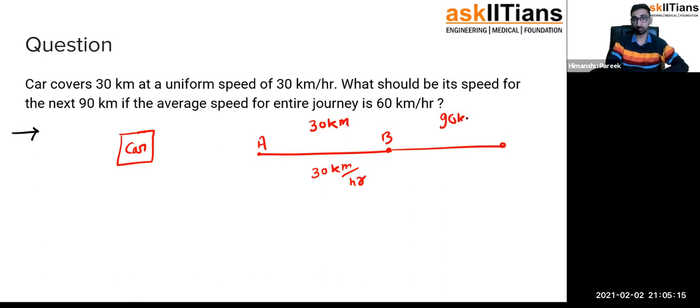See how the question they are framing. If the average speed of the entire journey is 60 kilometer per hour. So this they have not given: from B to C, with what speed it travels. That is not given. Distance is given. So what is the total average speed? 60.